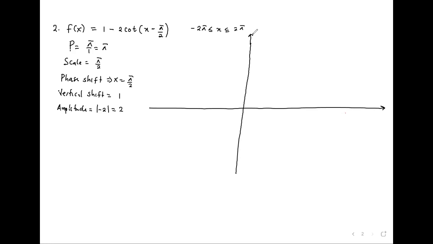For tan and cot, the period is 180 over B. The amplitude is the modulus of A. The vertical shift is D. And the phase shift is Bx plus C is equal to 0, solving for x. And the scale is the period over 2. Don't forget.